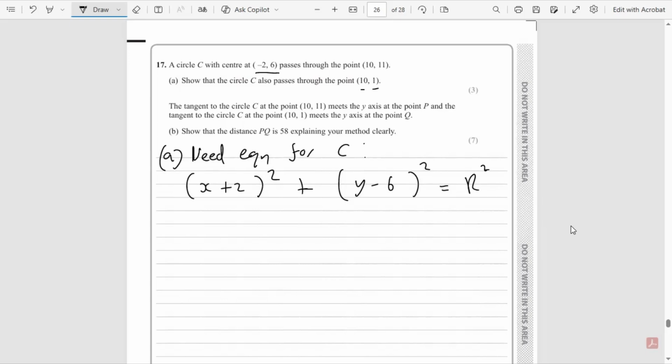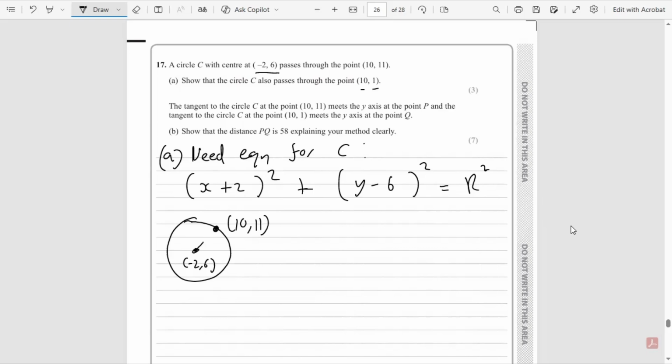To visualize that, if we do a random circle there, the center is going to be (-2, 6) there. And then you've got this point (10, 11), which we know for a fact is on the circle, somewhere there roughly.